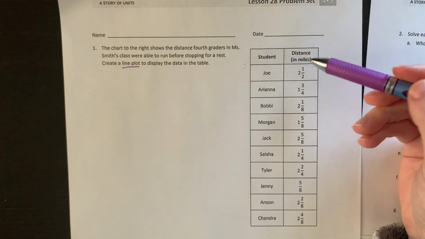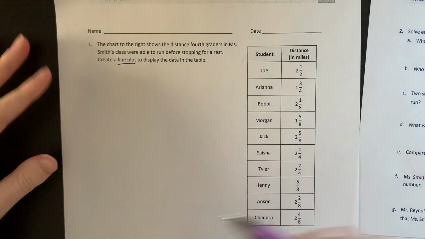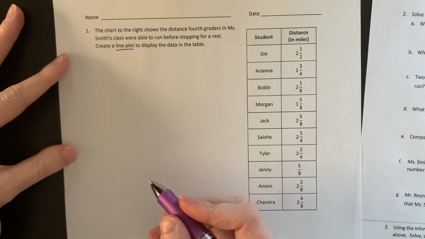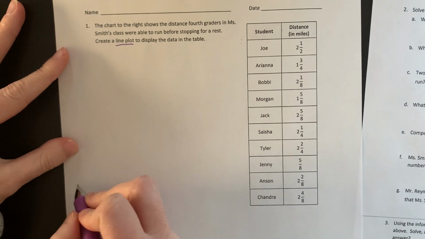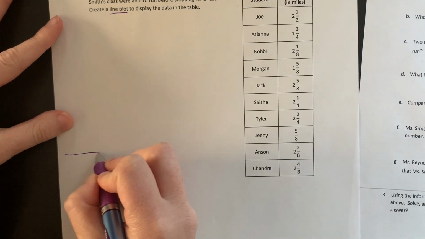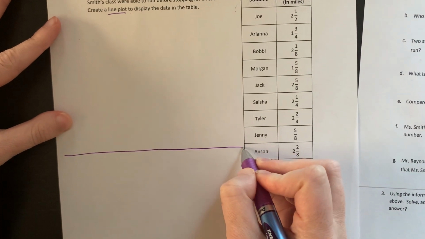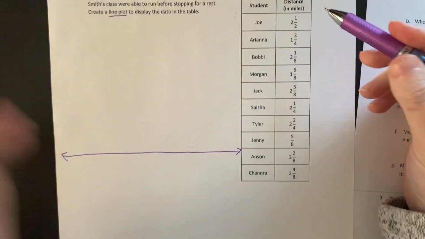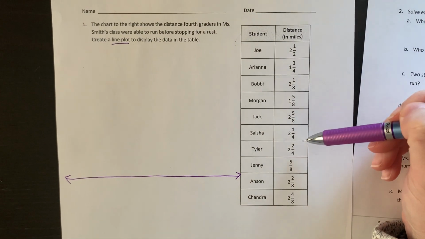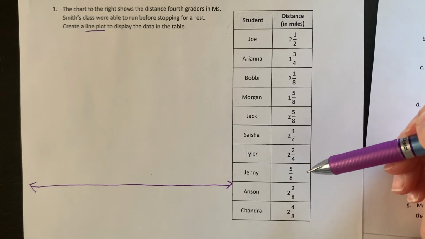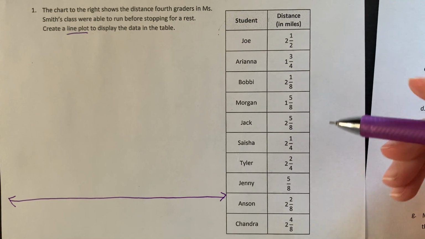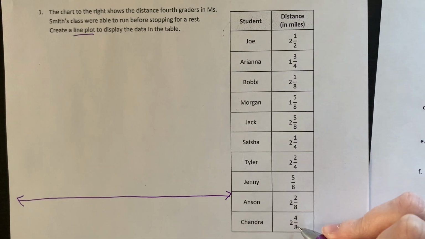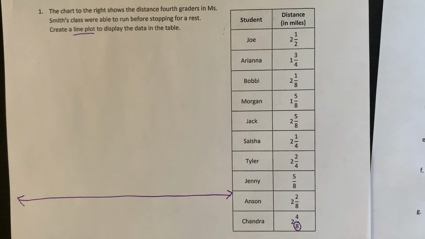So I have my data points right here, and now I need to make my line plot. A line plot just involves one line, so you can make a really long line and then 2 arrows. Now I'm going to look at these data points first, and I notice that a lot of them are mixed numbers. And I see that I have a unit of an eighth.